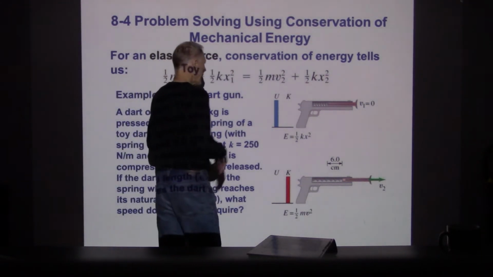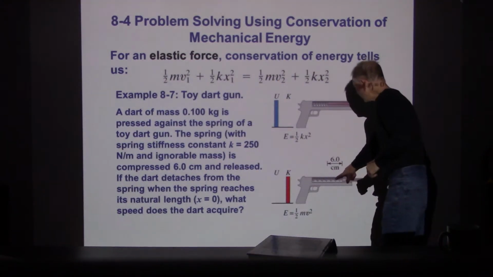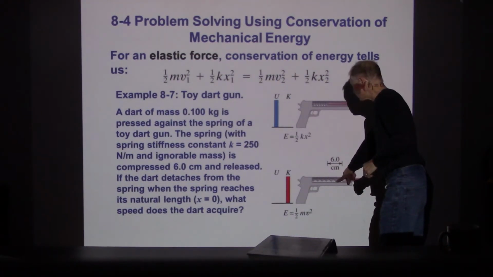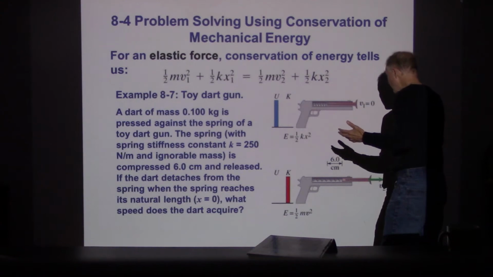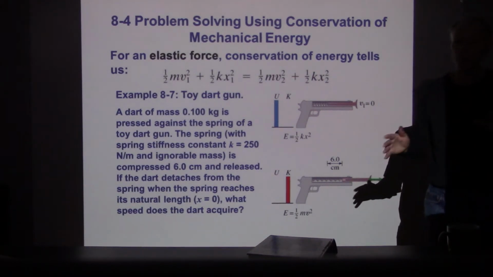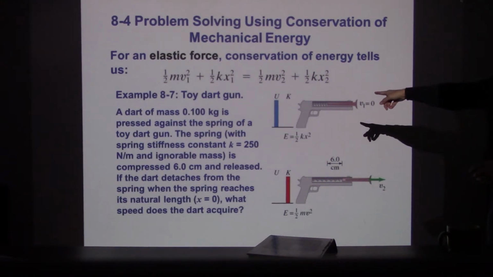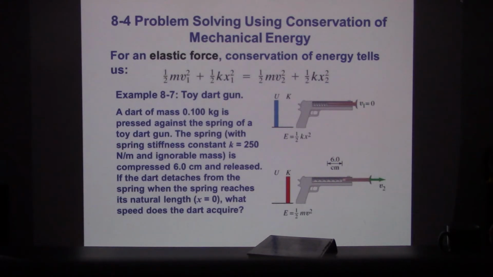Now, after we fire the dart, notice that there is no energy stored in the spring anymore. The dart is moving, and what we're assuming here, maybe it's a good assumption, maybe it's not, is that all of the energy has been efficiently transferred from potential energy in the spring into kinetic energy of the dart.